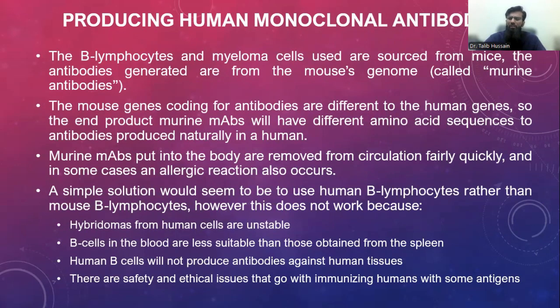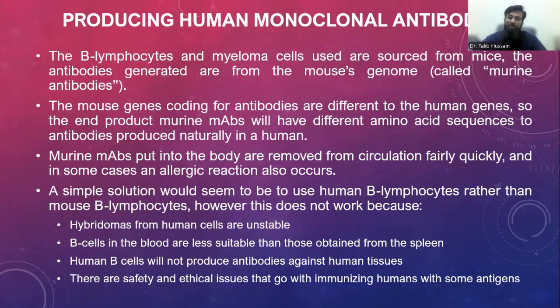The major problem which we have now discussed is the selection of mouse model to produce the monoclonal antibodies. If we are using a mouse genome to generate B lymphocytes and myeloma cells, if we are taking myeloma cells or B lymphocyte cells from the mice, and normally we have taken spleen cells from the mice, we have developed stem cells of the mice, and then we have united them to make hybridoma cells.